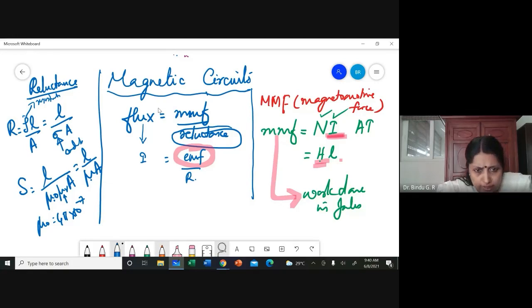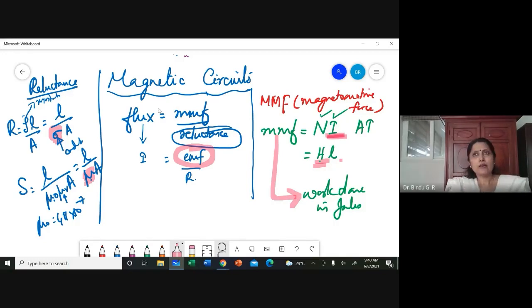What I want to stress here is that just like we have conductivity there, we have permeability here. When you say permeability is high, it is a measure of how much flux can be created in a circuit.